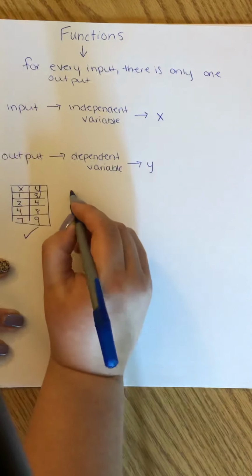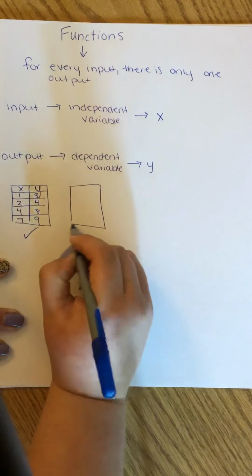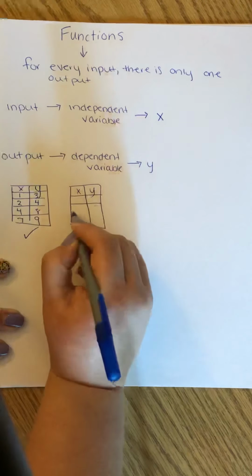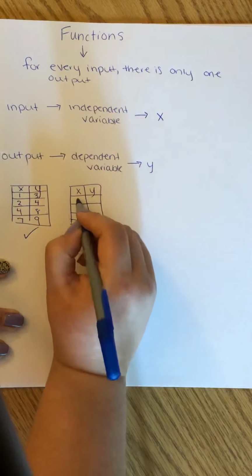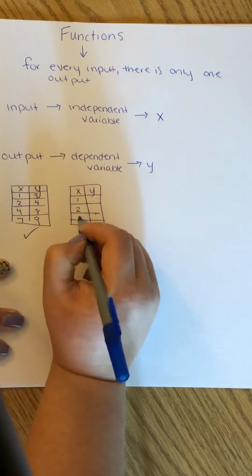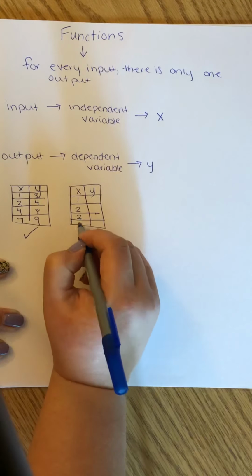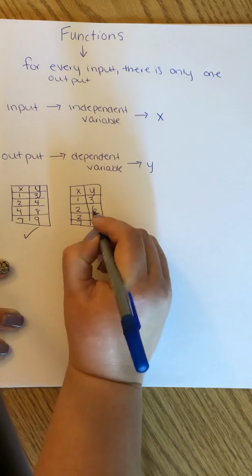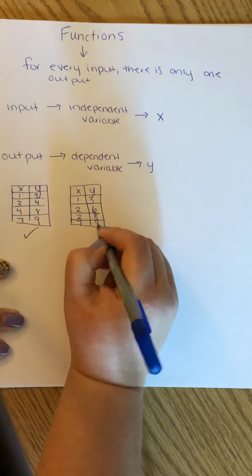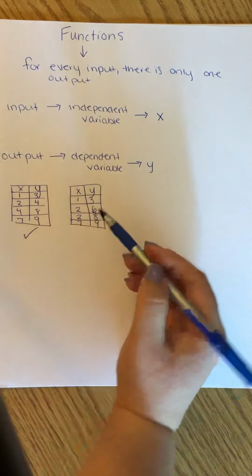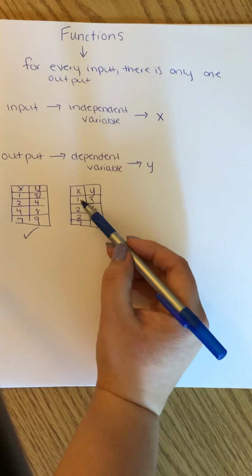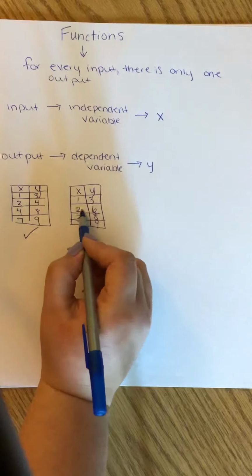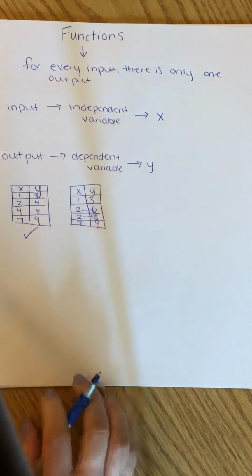It's following that idea that every input has an output. If your table looked like this, okay, very similar idea, but now I have two of the same values on the x, 3. Notice how my input, I'm showing that same input twice, but it's going to two different values.